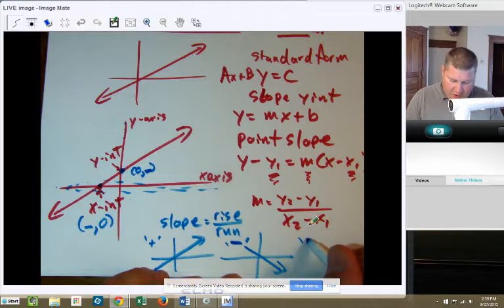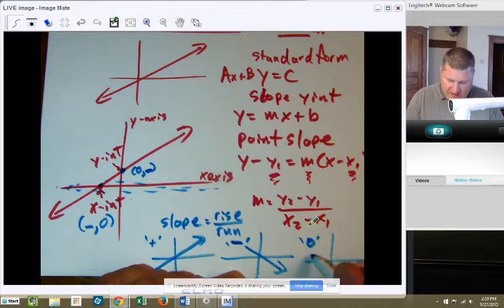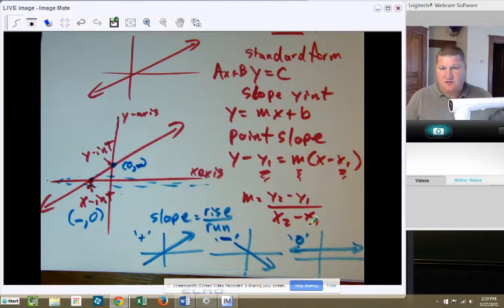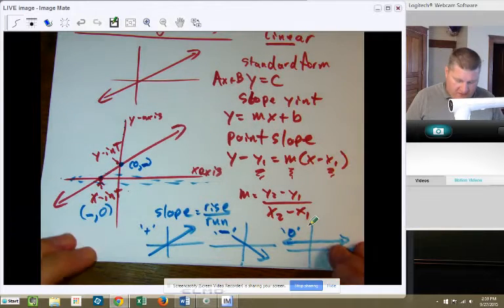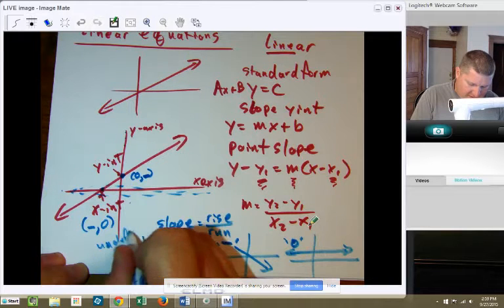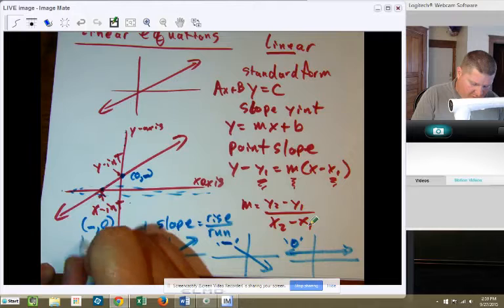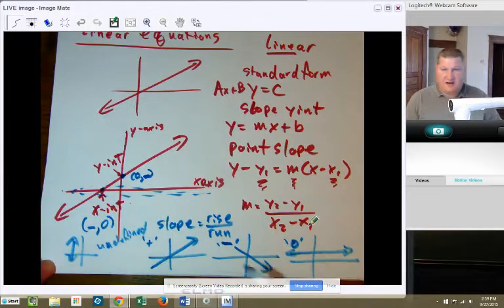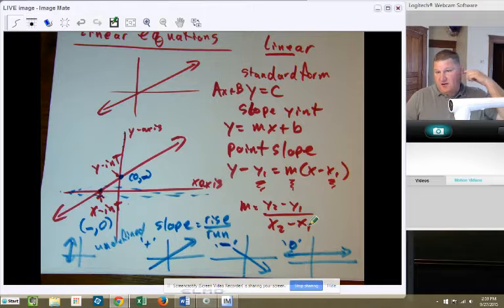You can have a slope of 0, which means that there is no rise, there is no fall on this particular graph. There is one other situation in which slope can arise, and that's where it is undefined. Undefined slope is going to be a slope where it goes straight up and straight down. Straight up and straight down would be undefined.